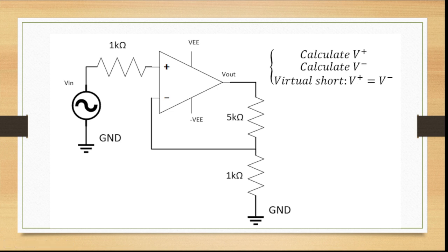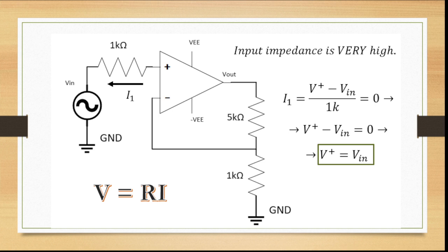Well, a virtual short means that in an ideal operational amplifier, the voltage at the non-inverting input V plus and the inverting input V minus is almost the same. This happens because the amplifier has a very high gain, so even a small difference is amplified a lot. In practice, we assume V plus and V minus are equal.